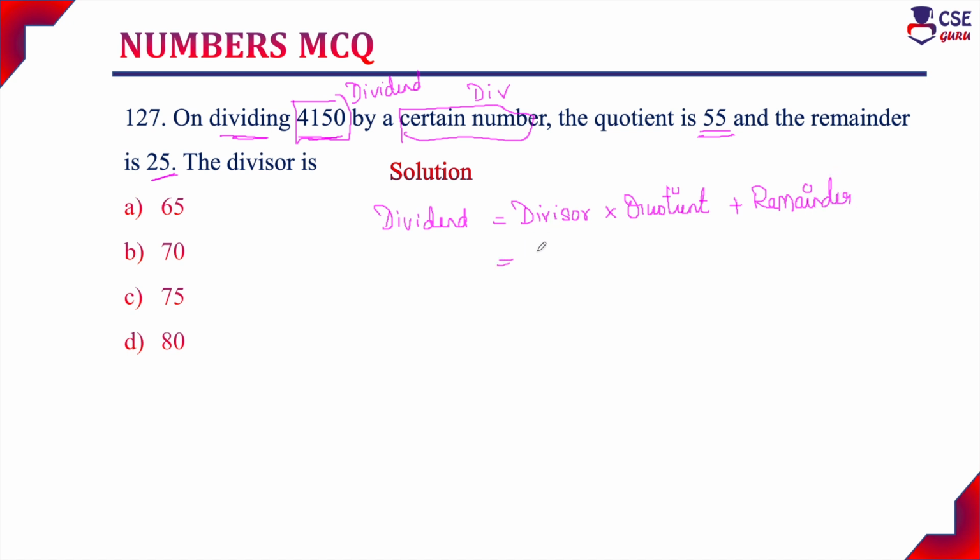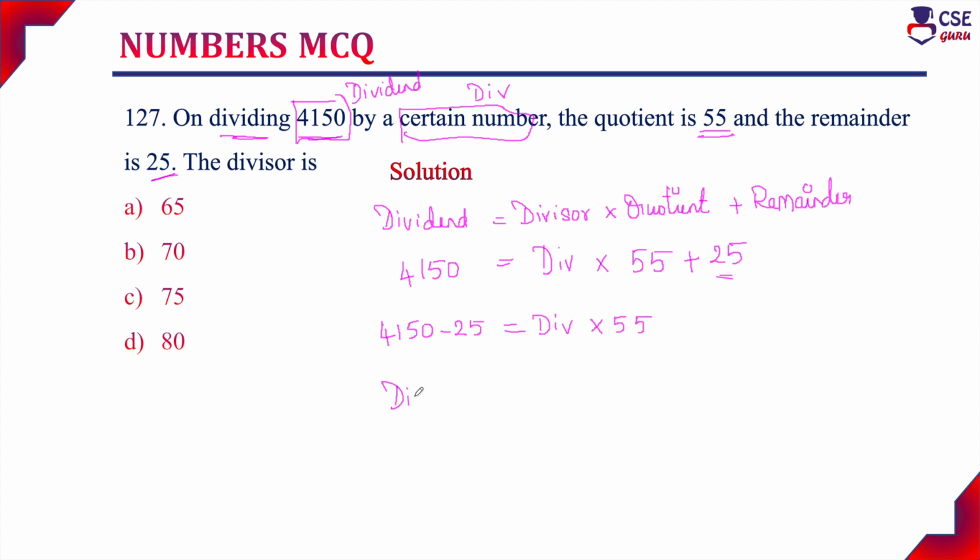We don't know the divisor. The dividend we know is 4150, the quotient is 55, and the remainder is 25. So 4150 = divisor into 55 plus 25. We take the 25 to the other side: 4150 minus 25 is divisor into 55.